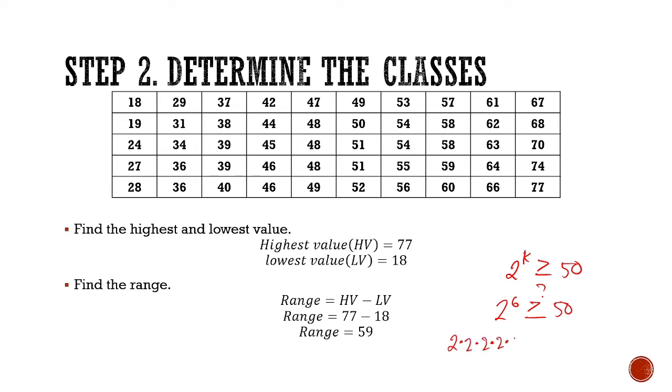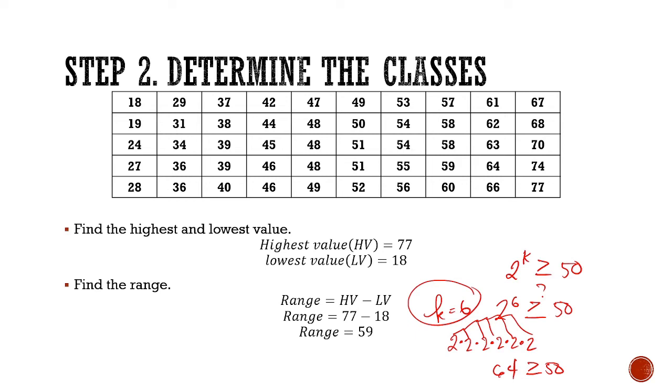So, 2 times 2 times 2 times 2 times 2. So, this will be 4, this will be 8, this will be 16, 32, 64. So, we have 64 is actually greater than or equal to 50, meaning to say our k will be equal to 6. Also, this means that we will be using a table which has 6 classes.